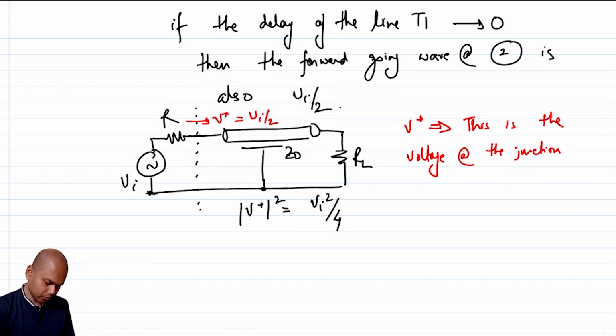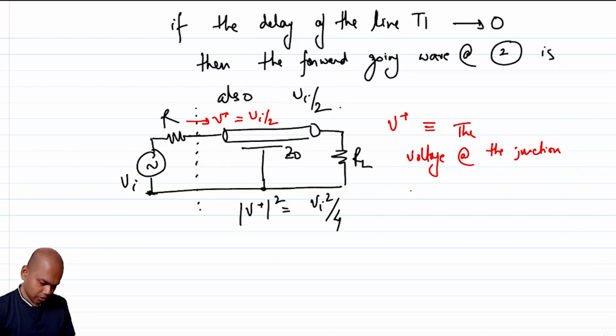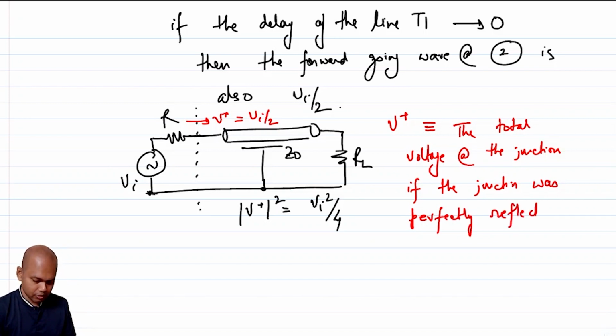This is identical to, I should not say equal to. So by definition, V plus is equal to the total voltage at the junction if the junction was perfectly reflectionless, i.e. matched.